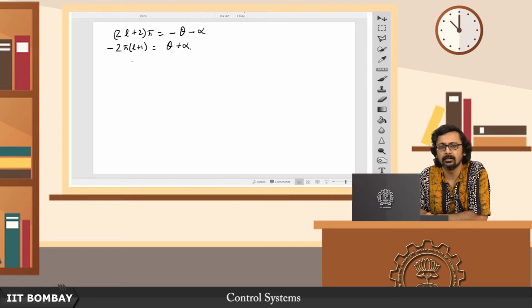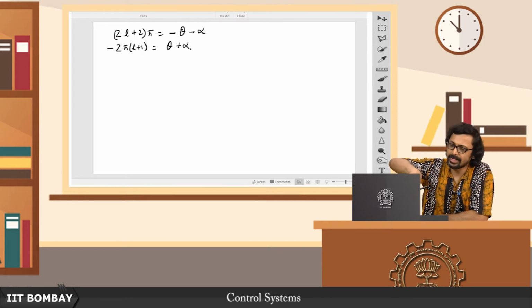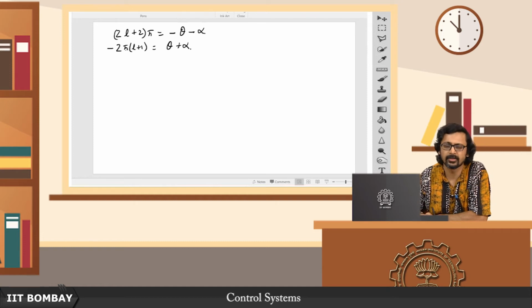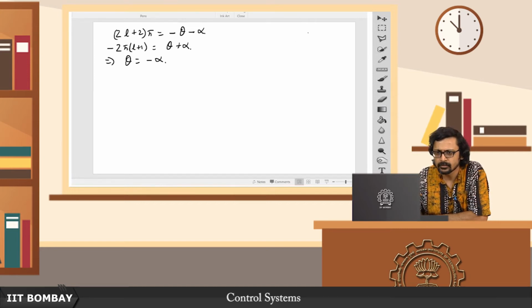But this is obviously, whether you go 2 pi times clockwise or anti-clockwise, the negative sign just implies you go anti-clockwise. So what this basically means is that theta is going to be minus alpha. What is minus alpha? If this is your reference datum, then minus alpha is basically this direction.